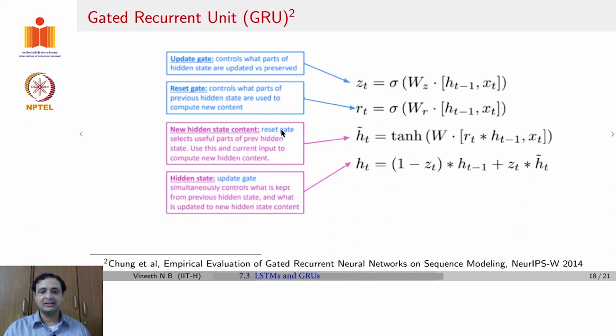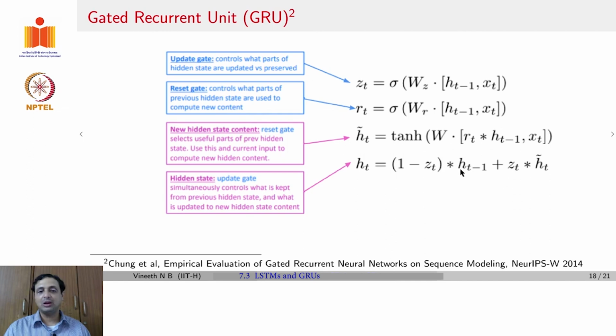So the reset gate selects useful parts of the previous hidden state and uses this to compute the new hidden state. And the final hidden state that's exposed out of the GRU block is (1 - z_t) times h_{t-1} plus z_t times h_t tilde, where z_t is the update gate.